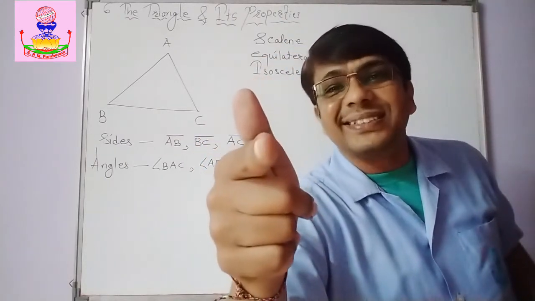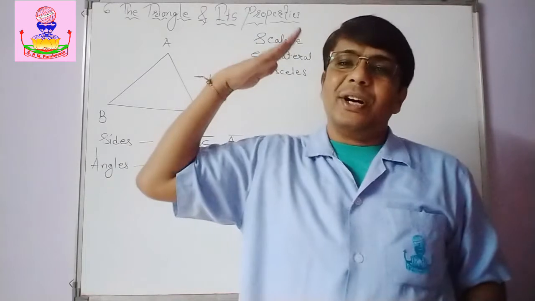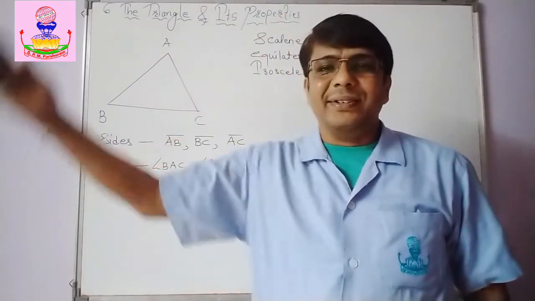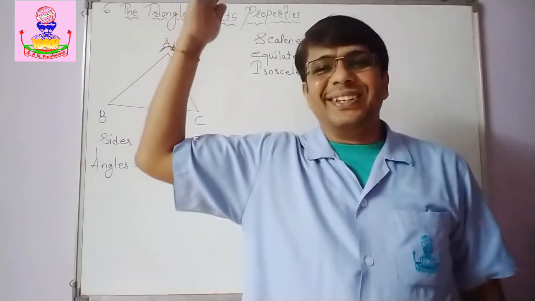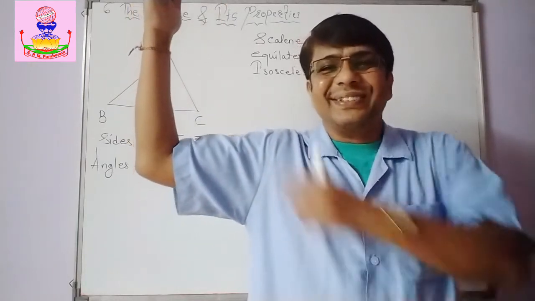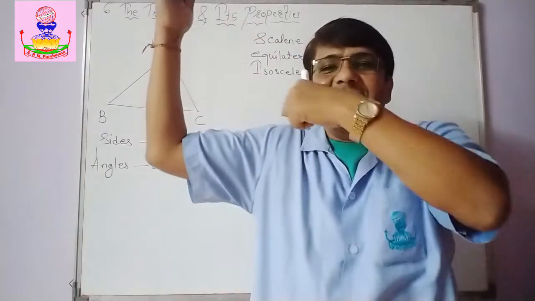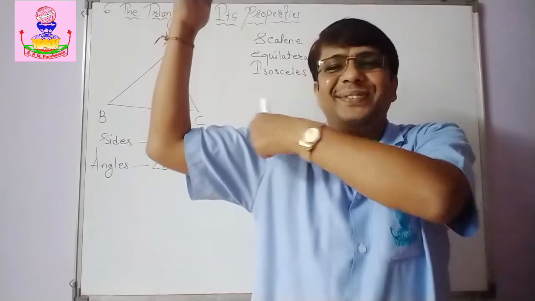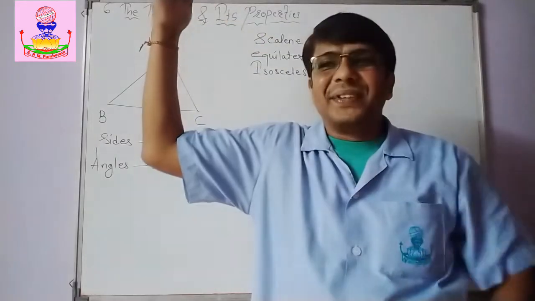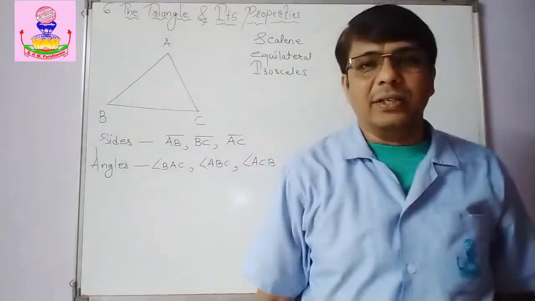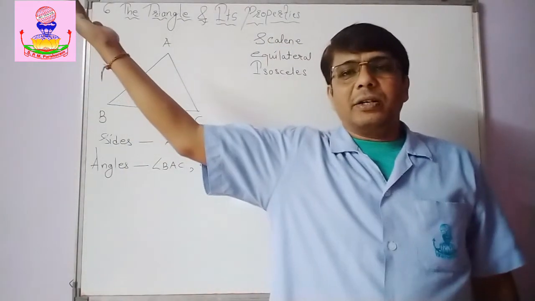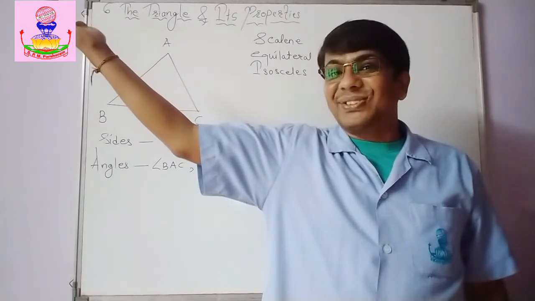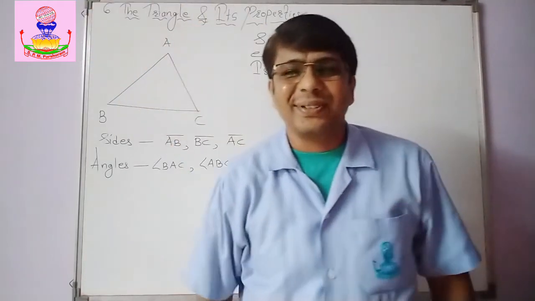That is the angle which measures less than 90 degrees. It is called an acute angle. Then, right angle. The angle which measures 90 degrees. You can see here, or here. The angle which measures 90 degrees is called a right angle. And then, the angle which measures more than 90 degrees is called an obtuse angle.